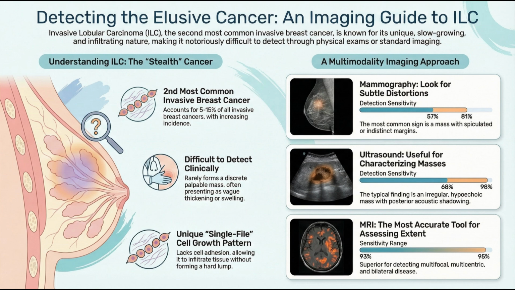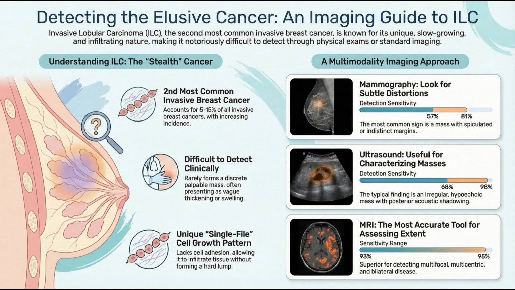It does. A key pitfall is that ILC can manifest only as focal shadowing, with no discrete mass visible. Or in about 10% of cases, it can be entirely sonographically occult, just invisible. Wow. So if mammography struggles with density and US can have these occult areas, where do we go for the real definitive map of the disease? We go to MRI.